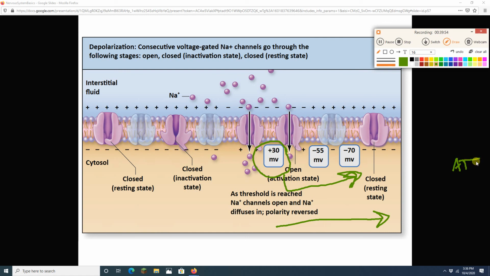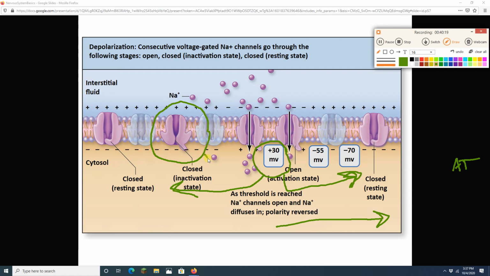Does the depolarization know that? I just put air quotes around the word know. And the answer is absolutely not. The depolarization doesn't know anything. In fact, the depolarization is going to spread backwards as well. Is the depolarization, when it spreads backward, going to be able to open this guy?